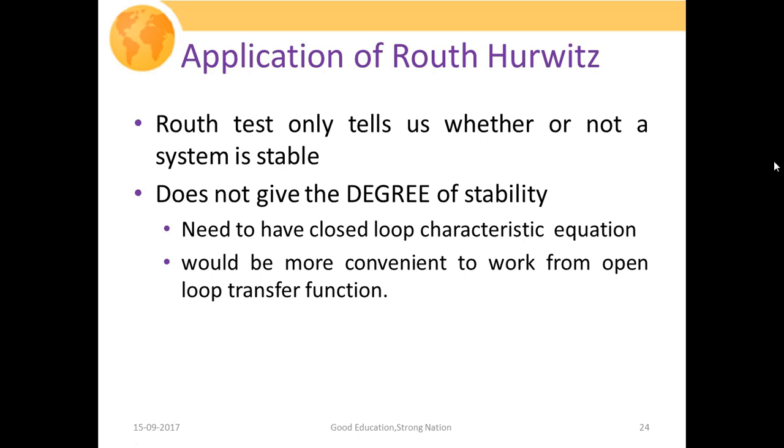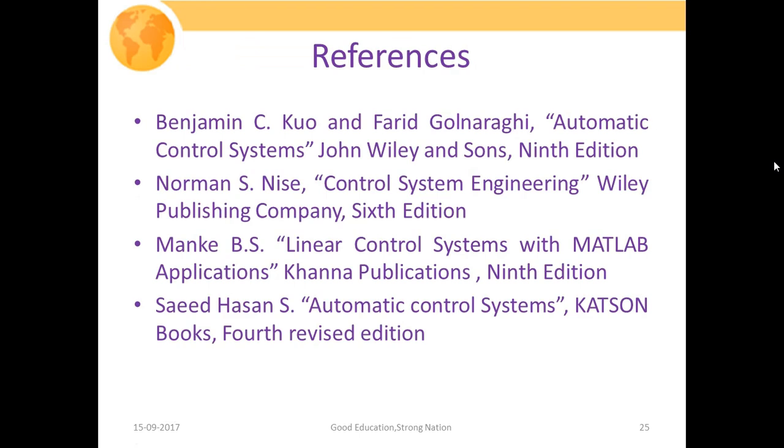I mean, we could not say that any particular system is much more stable than another system. It is simply telling us whether a given system is stable or unstable. It needs to have the closed loop characteristic equation. It would be more convenient to work from the open loop transfer function. These are actually the applications of Routh-Hurwitz criteria.